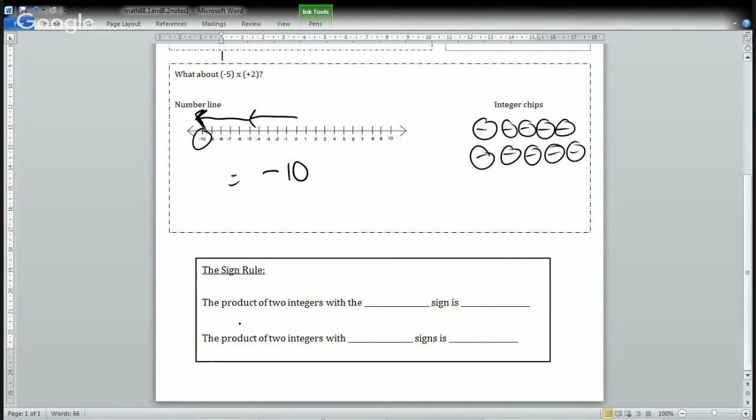The product of two integers, so again, positive, negative, whole numbers, with the same sign is positive. The product of two integers with different signs is negative.